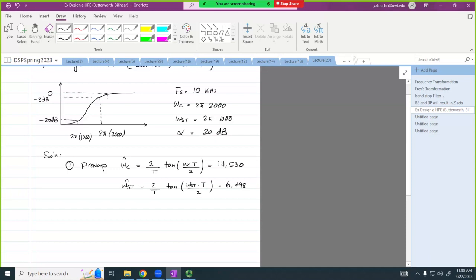Together, what do we notice? What is the cutoff frequency here? It's 4 multiplied by 3.14, which is around 12. So in order to correct for the warping, we convert it to a 14. The stop frequency is 2 multiplied by pi, which is around 6. We change it to 6.4.